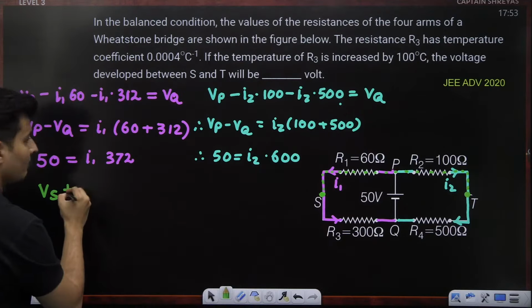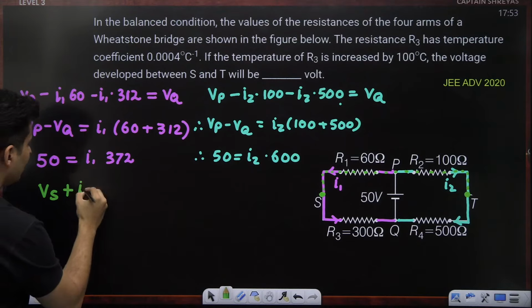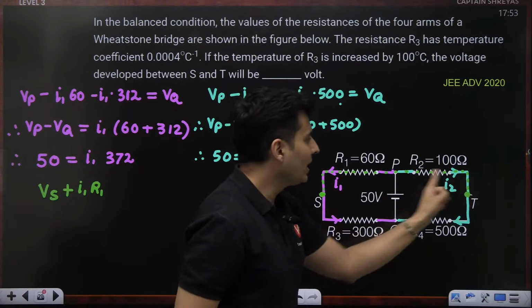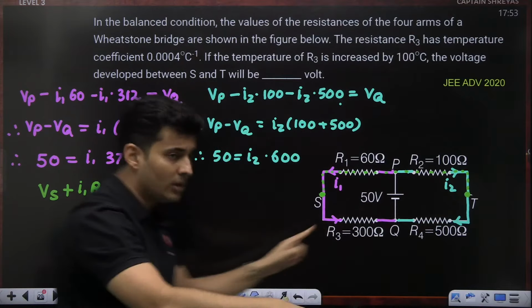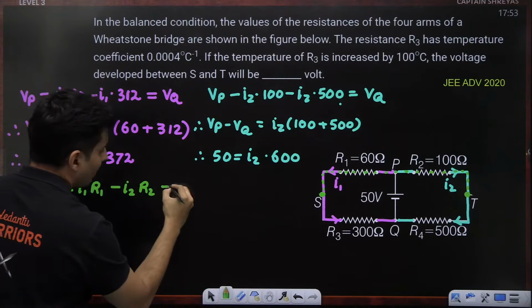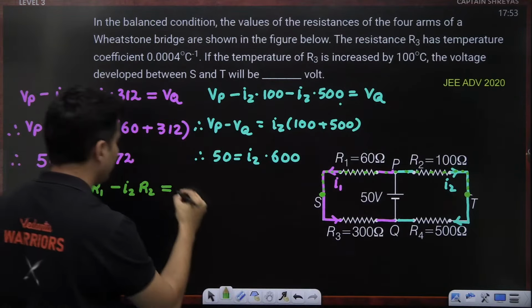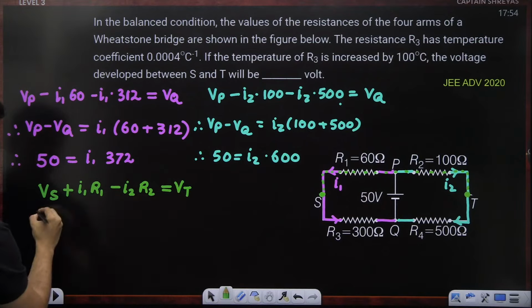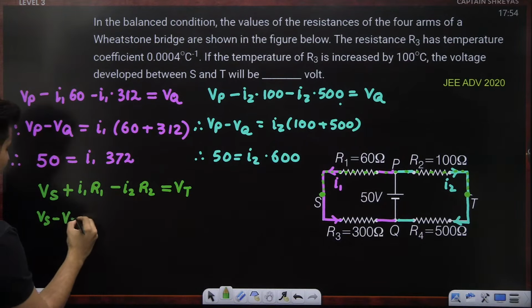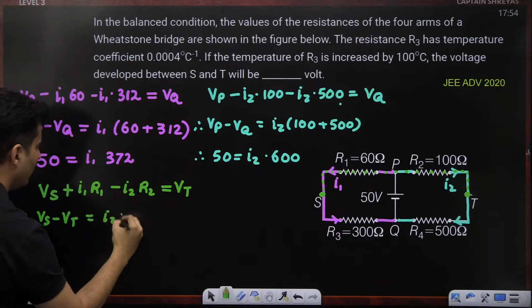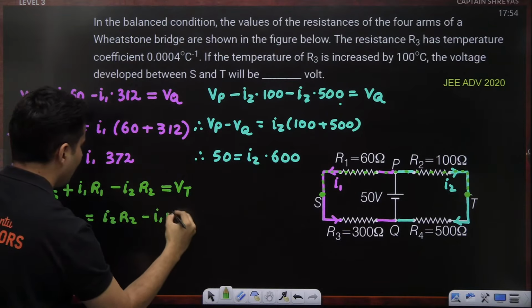So plus I1 R1. Here I'm going in the direction of the current, so there will be a drop. So minus I2 R2. Finally, where am I reaching? Point number T. So Vt. So take Vs minus Vt, of course, will be, take this guy on the other side, so I2 R2 minus I1 R1.